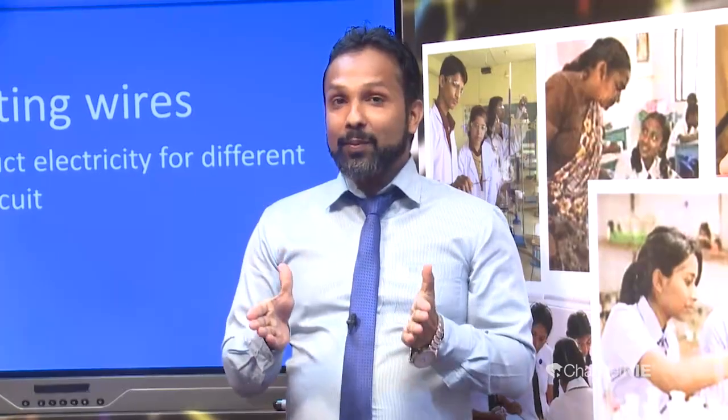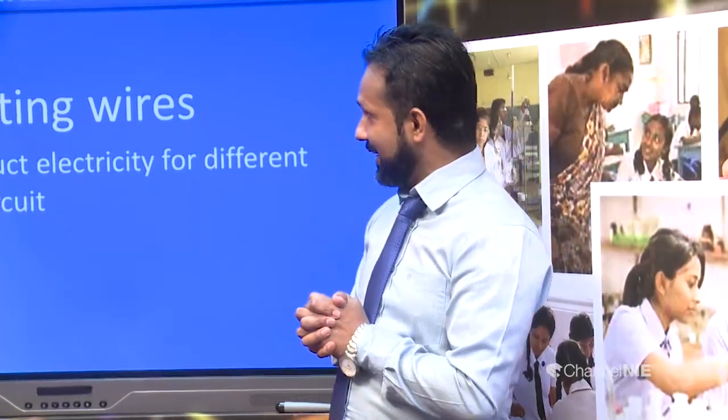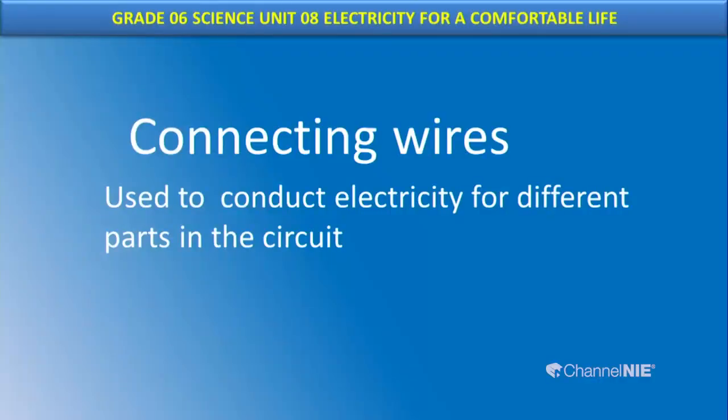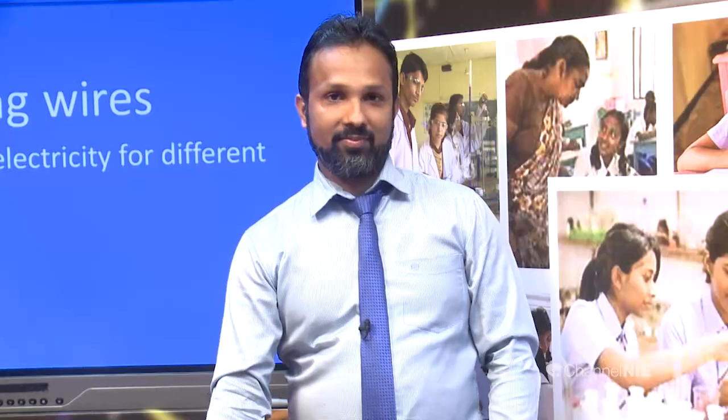The main purpose of connecting wires is to connect the appliances that we use in the circuit. So we can say connecting wires are used to conduct electricity to different parts in the circuit. Right, you can remember.